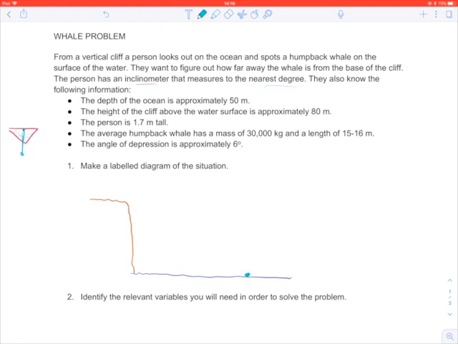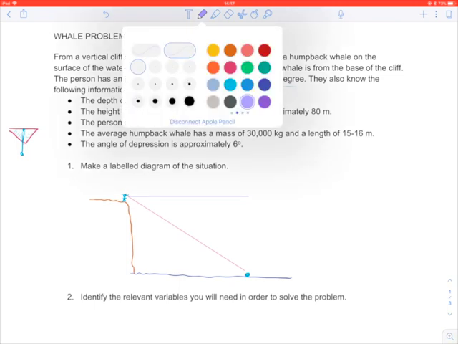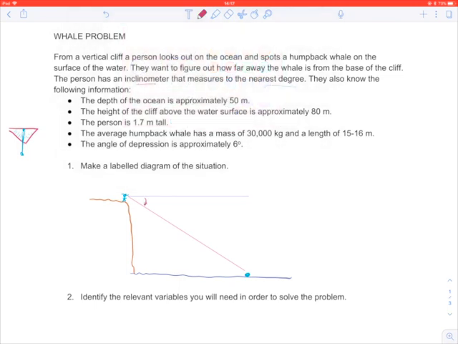And here's the person, the mathematician, dot. They're looking down at the whale. Maybe you'd want to put something like this in here. That's the horizontal. We call this angle the angle of depression, theta. We've talked about that before.